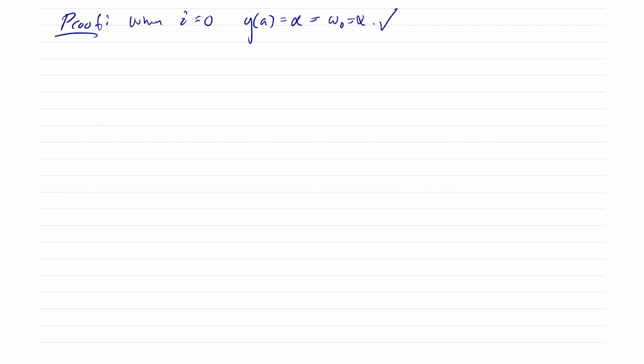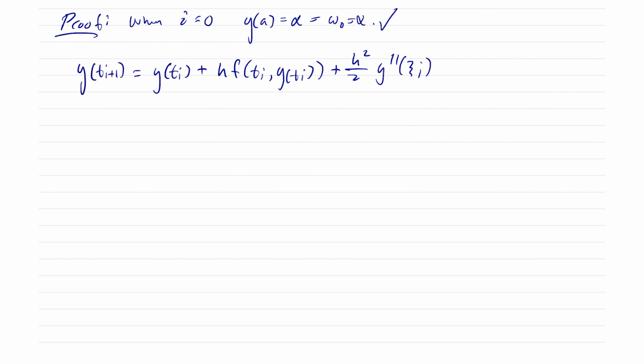If we want to build up from there, we start by looking at Taylor's theorem. So we see that y(t_{i+1}) is equal to y(t_i) plus h times f(t_i, y(t_i)), which is what we did in the very beginning, plus h squared over 2 times y double prime of ξ_i. We already see where we're going to need that bound on the second derivative.